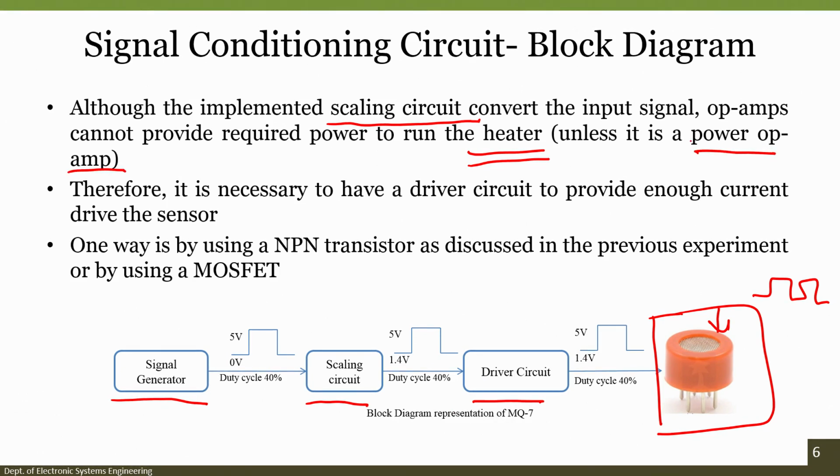Those are exceptional cases. If you are working with a power operational amplifier, then it is fine, it can drive the gas sensor. Otherwise, if you are just working with the IC741 or a normal op-amp which cannot drive high currents, then you require a driver circuit. Therefore it is necessary to have a driver circuit to provide enough current to drive your MQ7 gas sensor.